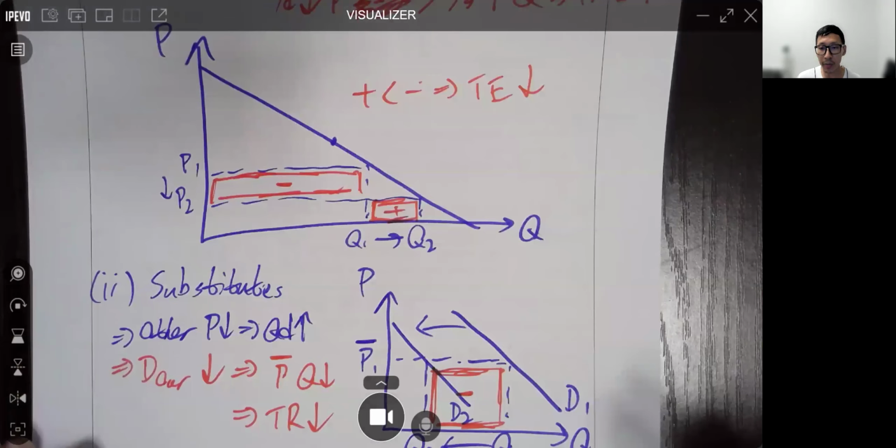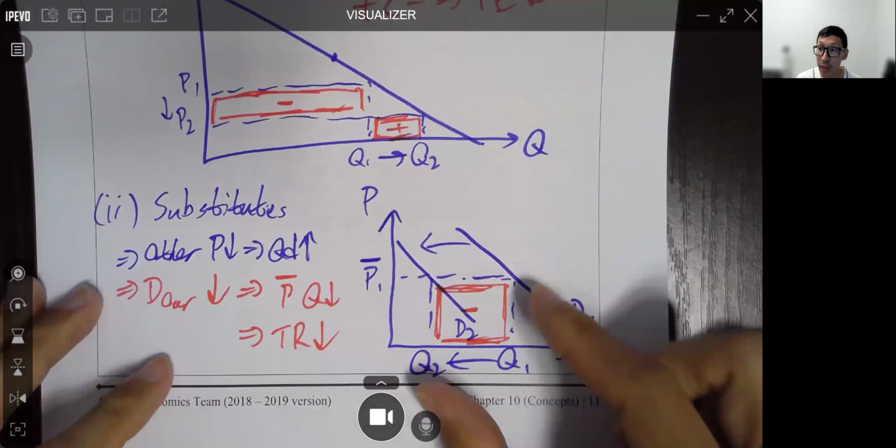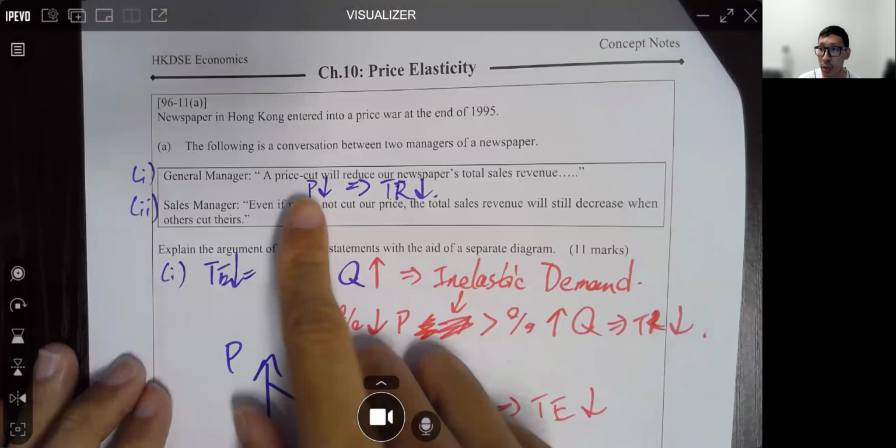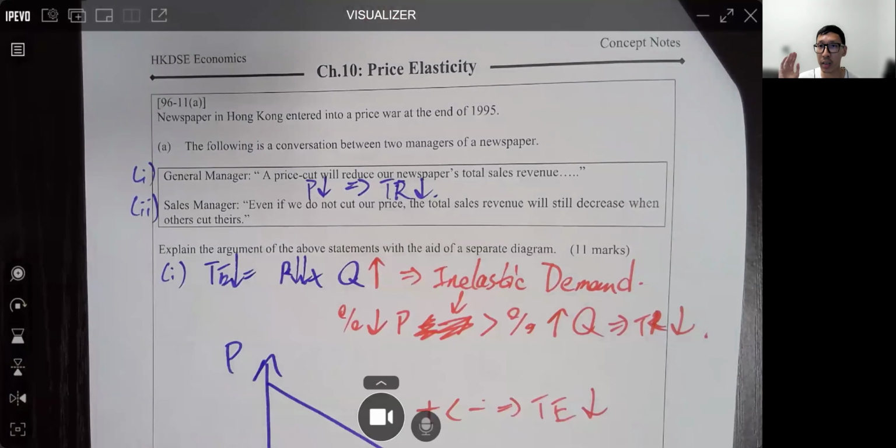Now, I know, right? Some of you are asking, how come we don't need to deal with the supply curve? So boys, remember, when it comes to questions related to elasticity of demand, if you're not asked to deal with the supply, no need to deal with the supply.